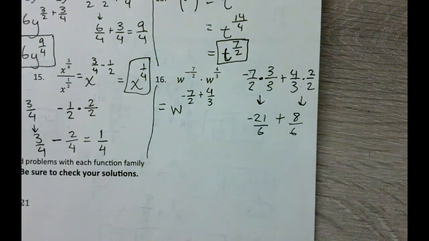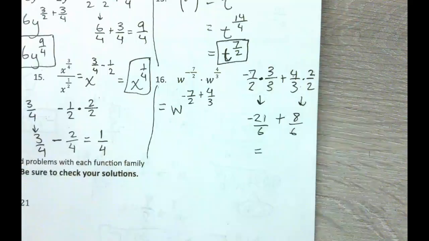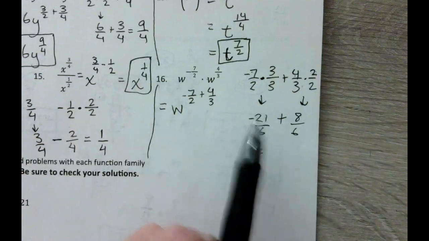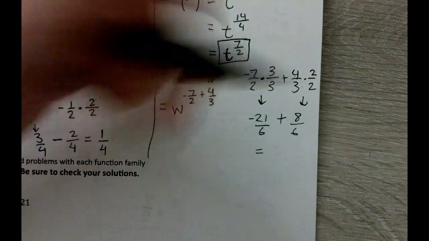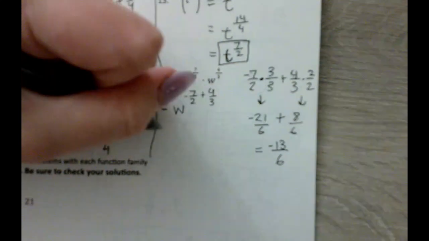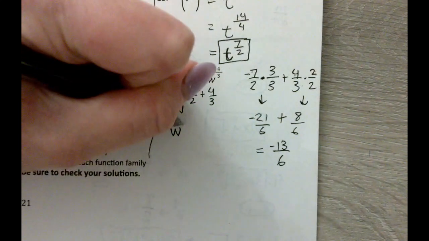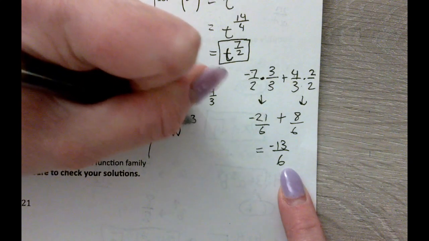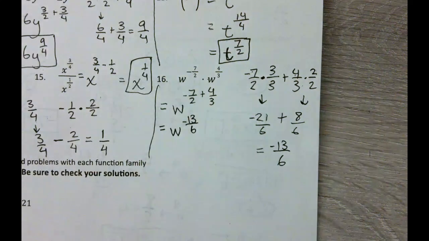Common denominator, I can now add. Okay, negative 21 plus 8. That is a negative 13 over 6. If you need your calculator to help you with that, you can do that. Okay, so my new fraction is w to the negative 13 over 6 power.